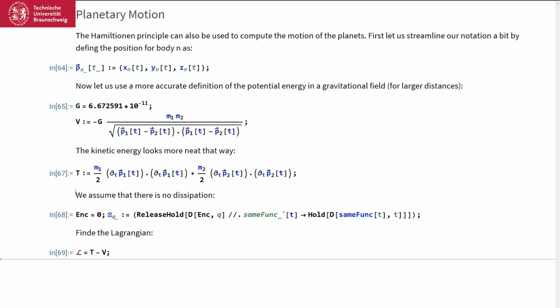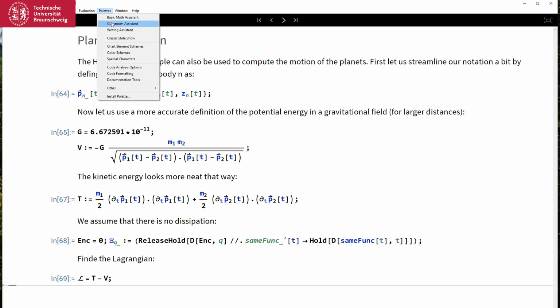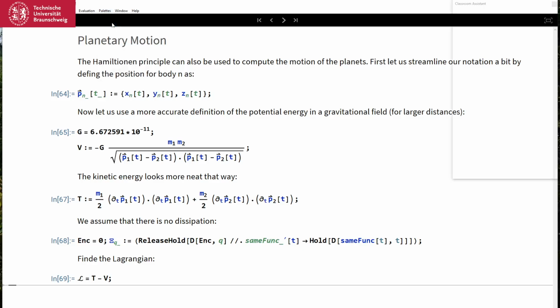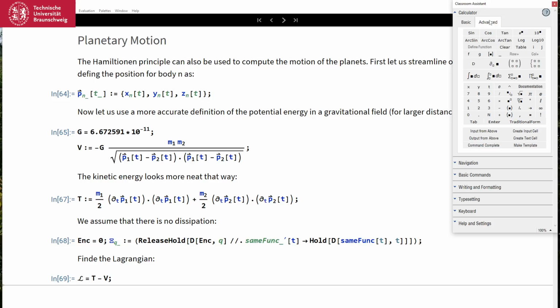So what you can always do if you don't remember is go to palettes, and there would be, for example, a classroom. Then we can try navigation, writing, formatting.